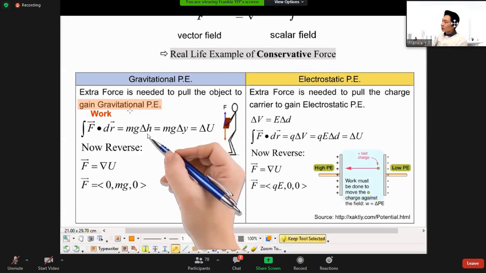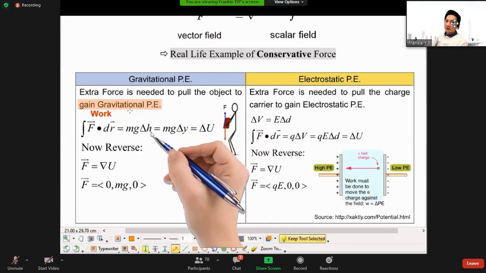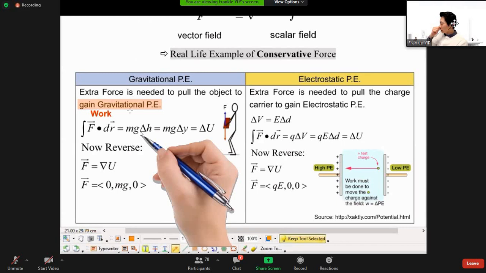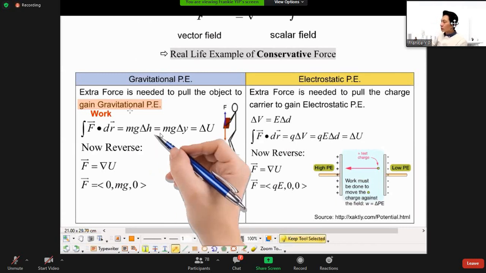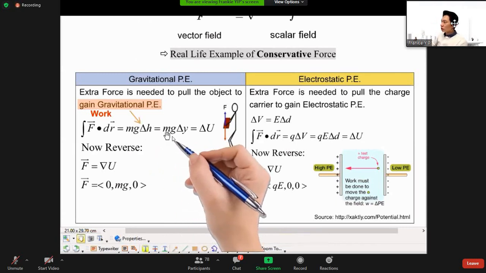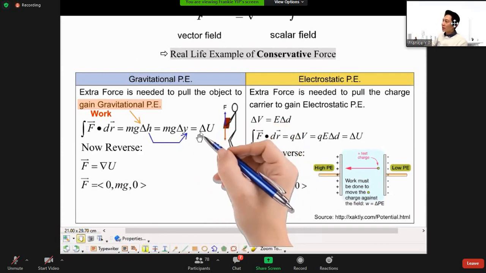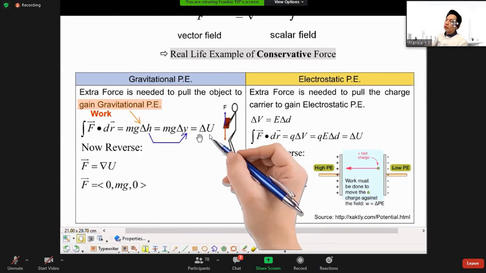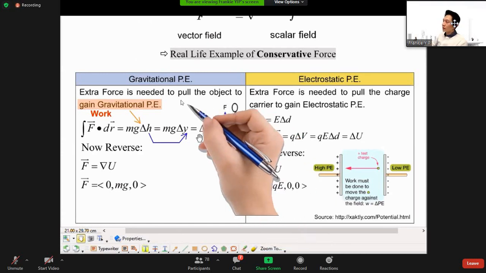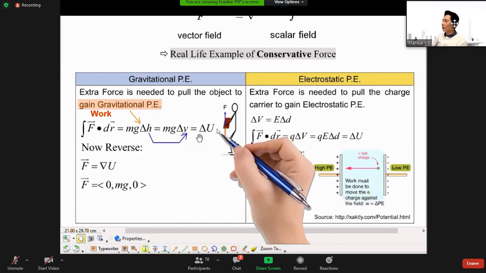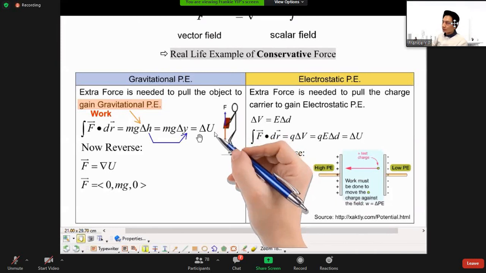Got it? Because h stands for height, and the height is in the y direction, I can simplify into mg delta y. Finally, I call this delta U. U is the variable to describe the potential energy, or describing energy is also fine.